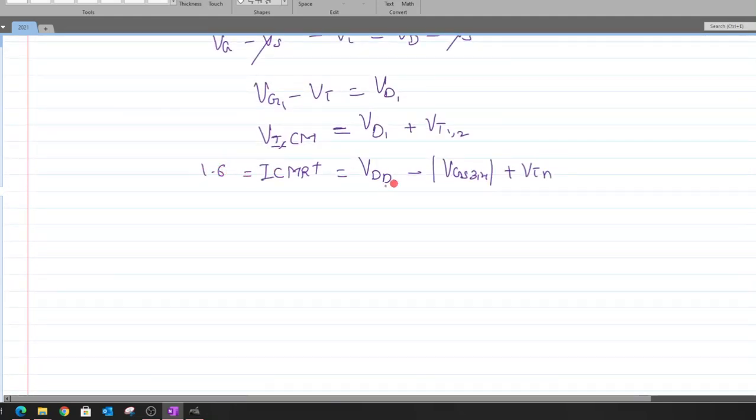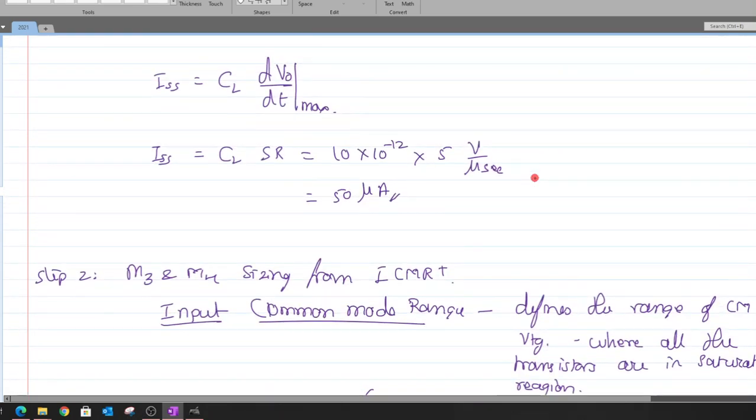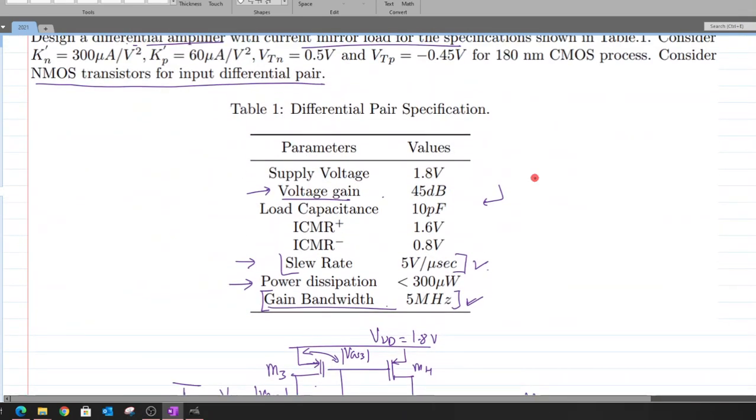I'll use that ICMR value here, and we know the supply is equal to 1.8. We have to calculate VGS3,4. We know the value of VTN from the data given in the question, which is 0.5.